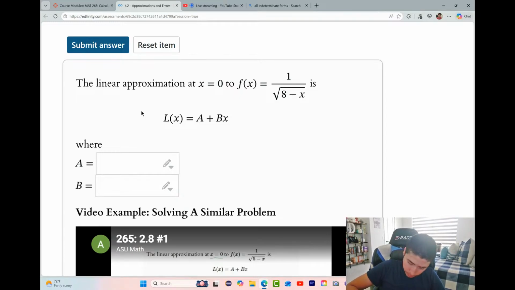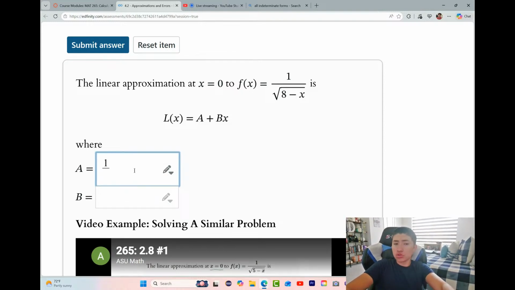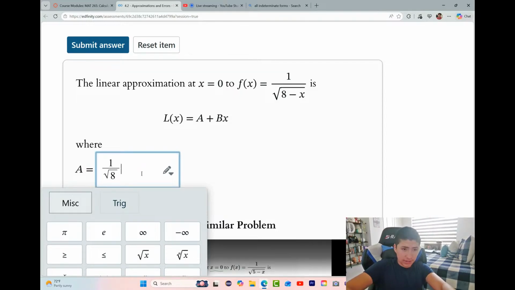So we get this times x plus 1 over square root of 8. This is equal to x over negative 1 half 8 minus x to the negative 1 half, plus 1 over square root of 8. Is it this square root or square root of 8?